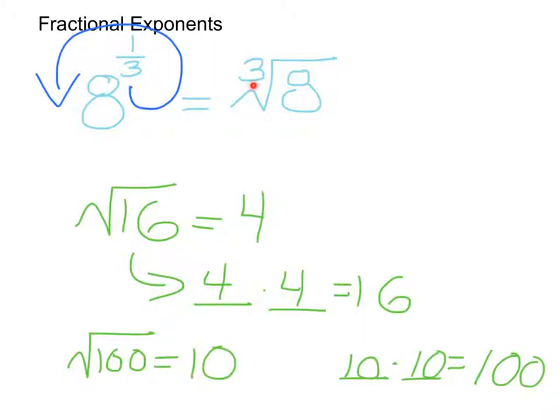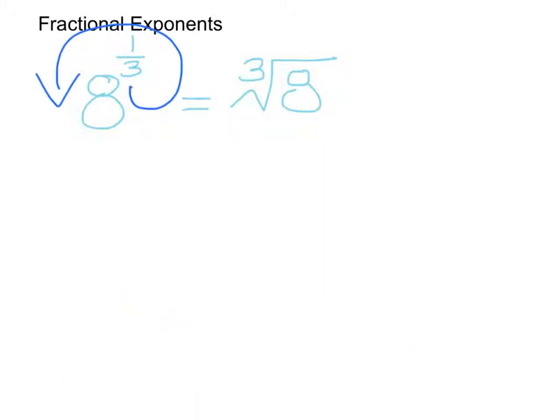Now we have to think about this 3rd root situation. Similarly, the 3rd root of 8 is really saying this: what number times what number times what number, 1, 2, 3 times, because we're talking about the 3rd root, is going to get us to 8?